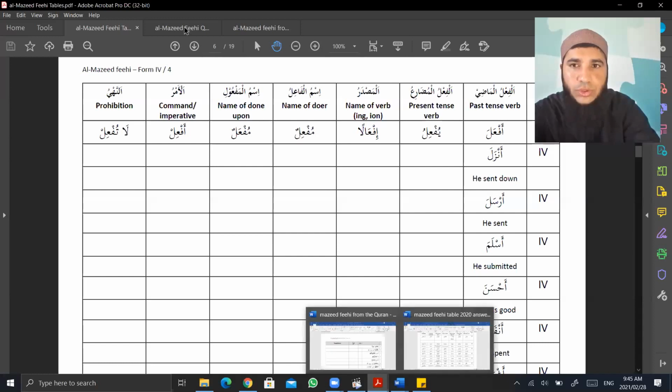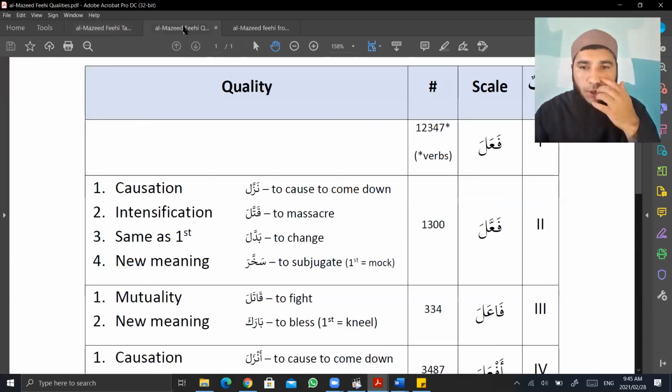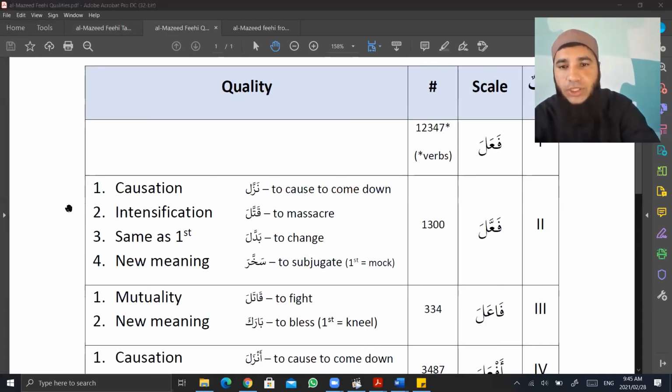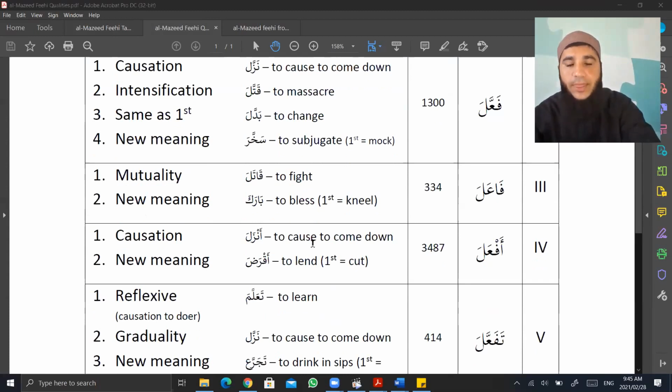Because what are the qualities of this verb? Again, the most common quality of this verb is causality, like the second verb, causation. It will either be causation or it will have a new meaning. But this one is very, very commonly used for causation.